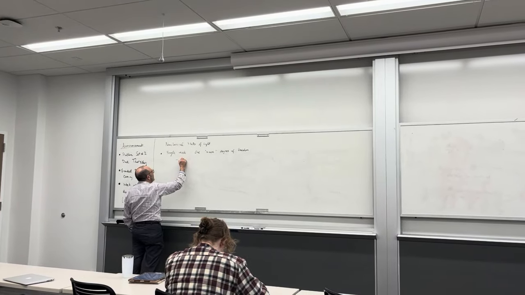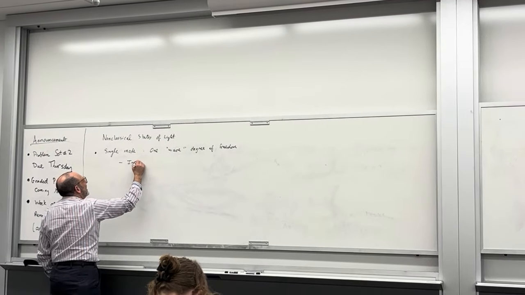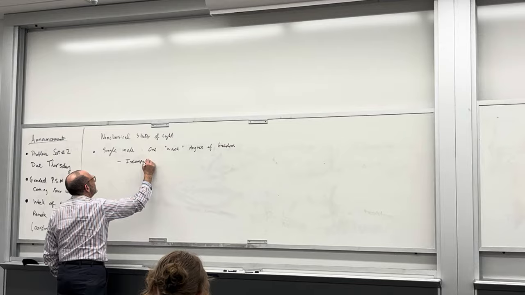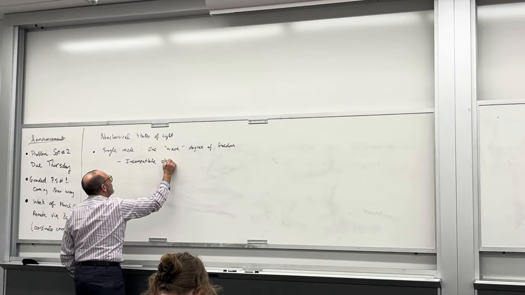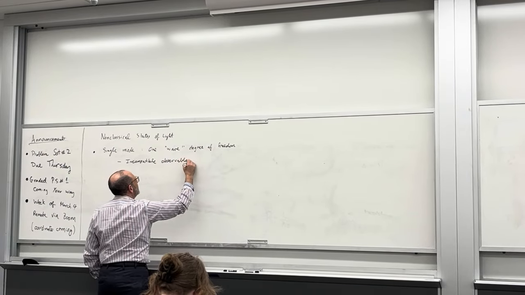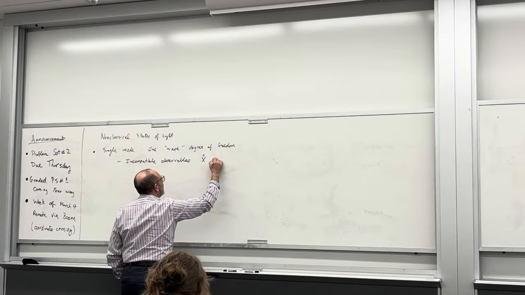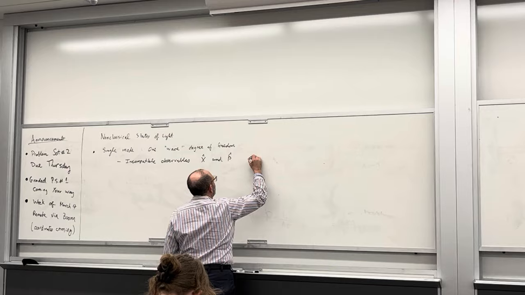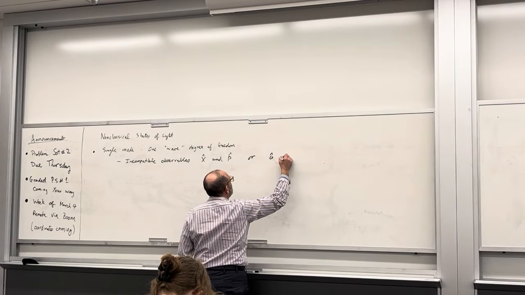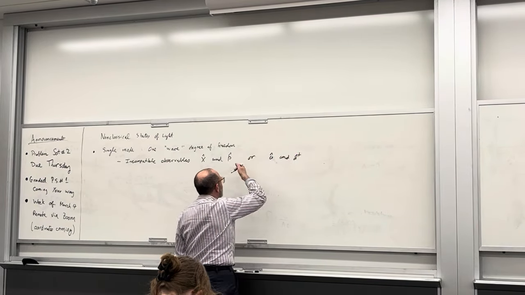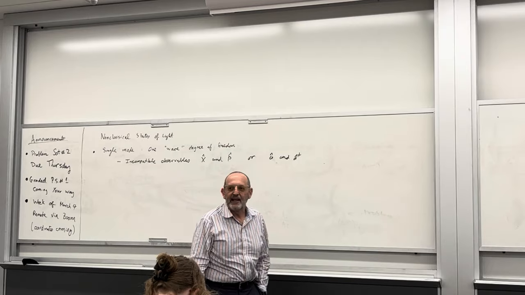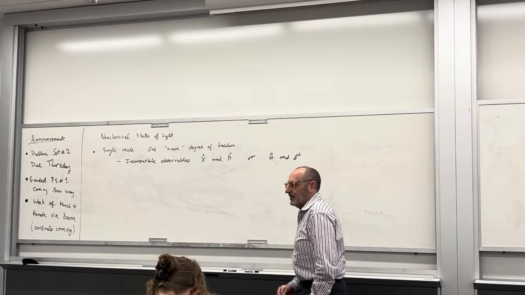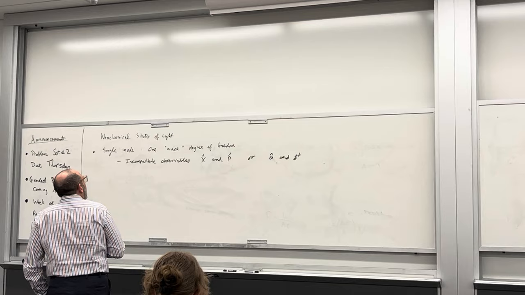...been associated with what I'll call incompatible observables. In particular, X and P, or equivalently A and A dagger, which aren't really observables in the sense that we can't measure the basis that way.